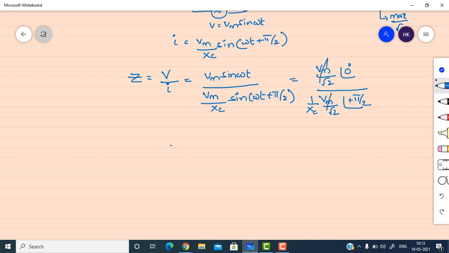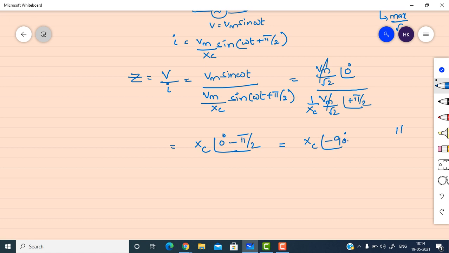This Xc at 0 degrees minus, in the denominator it is plus. So if you bring it to the numerator, it will become minus, 0 minus pi by 2. So Xc at an angle minus 90 degrees.